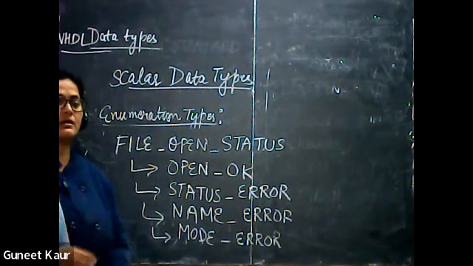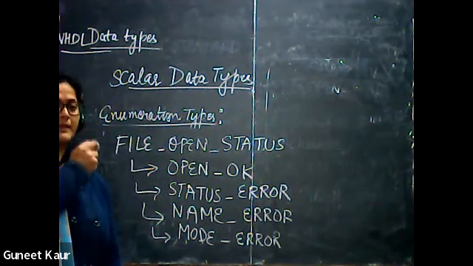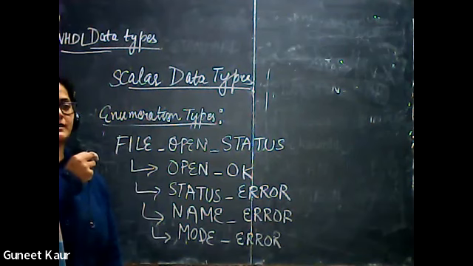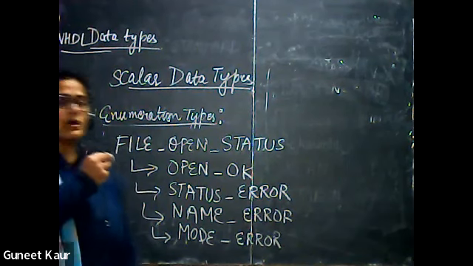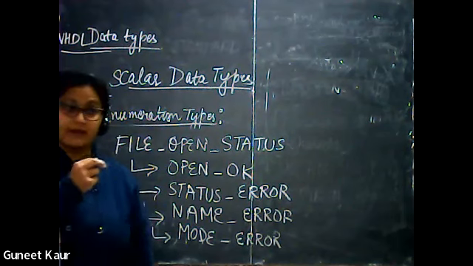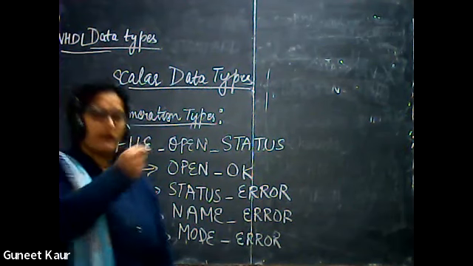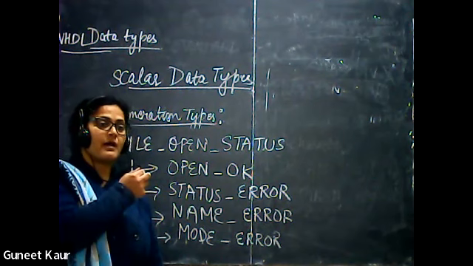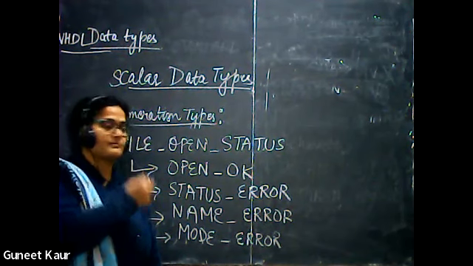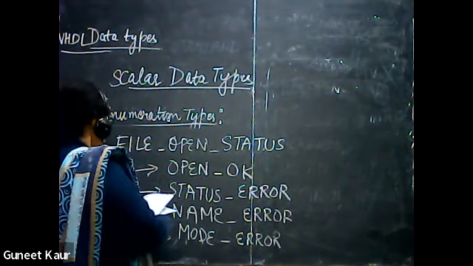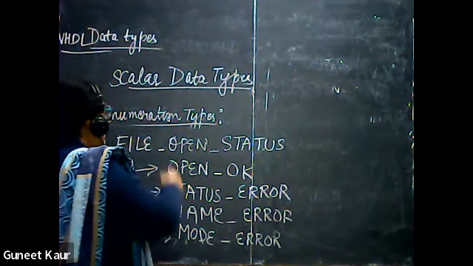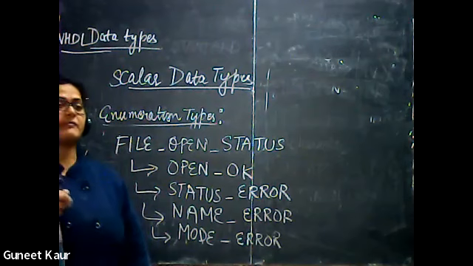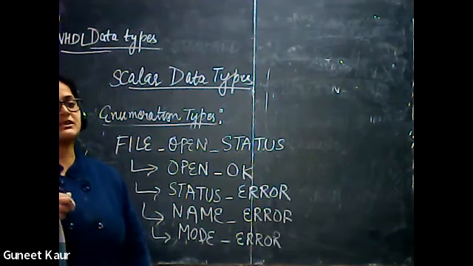The last predefined enumeration data type is file_open_status. It uses four enumeration literals: open_ok, second is status_error, third is name_error, and last is mode_error. These file_open_status and file_open_kind types are used in file operations.